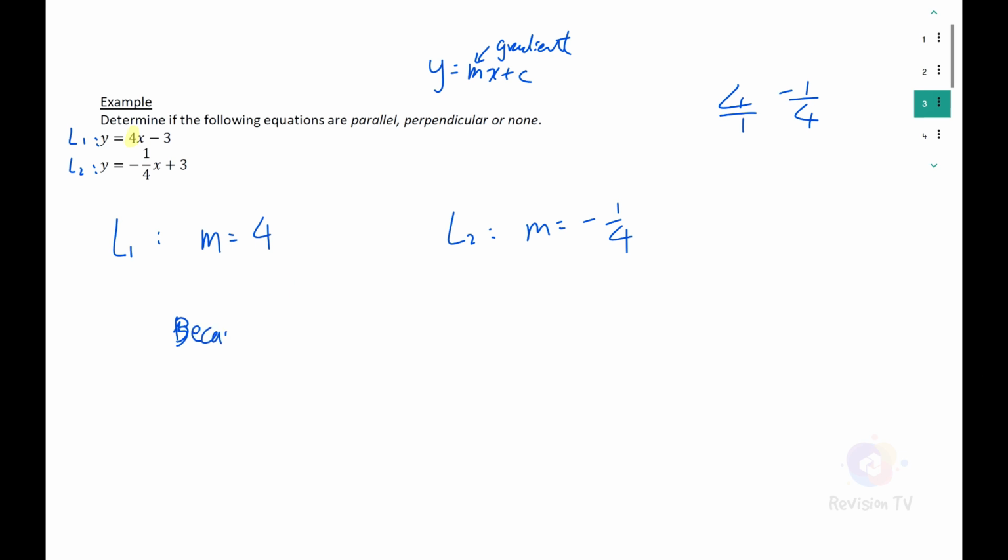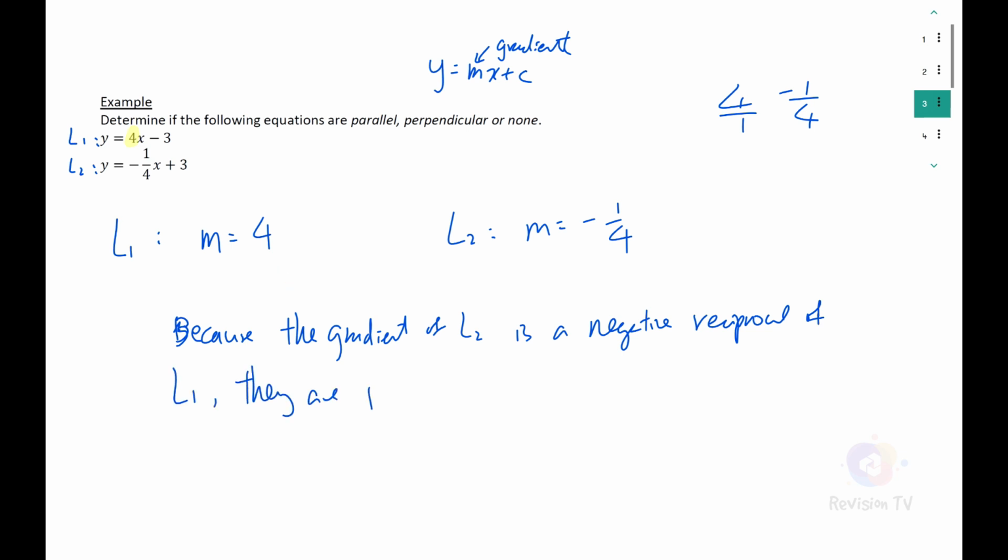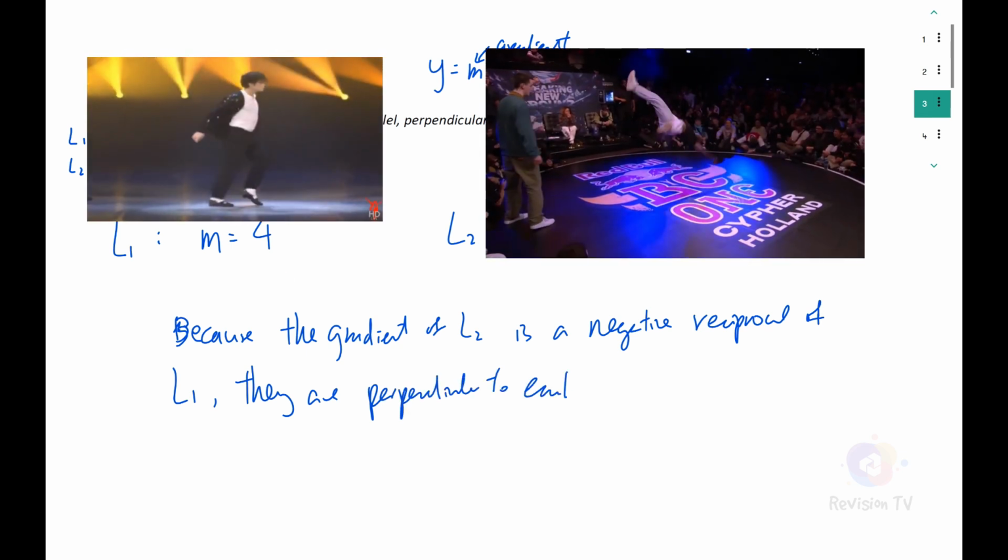So you say, because the gradient of L2 is a negative reciprocal of L1, they are perpendicular to each other.